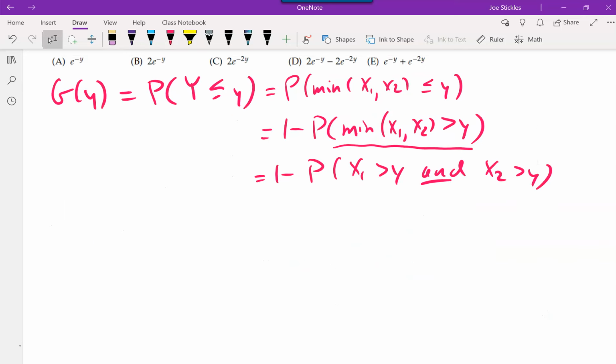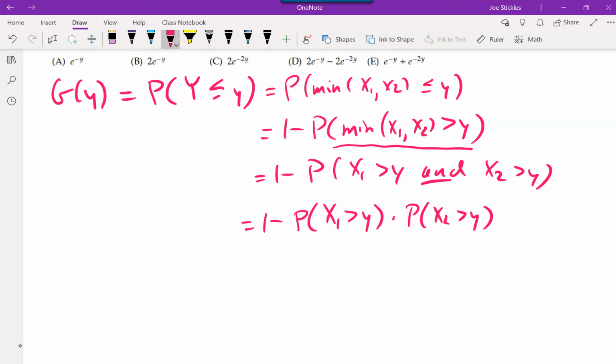So this will be 1 minus the probability that x1 is greater than y times the probability that x2 is greater than y. Right? That was why we wrote it as a complement, because now I have an and probability that I can split up because of their independence.